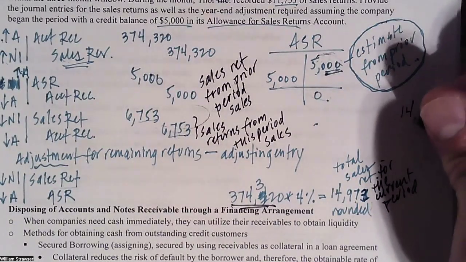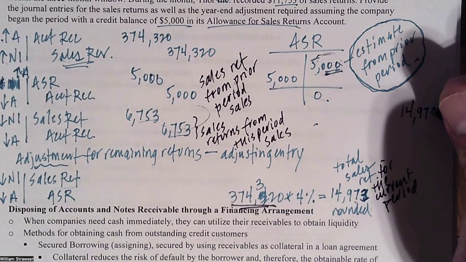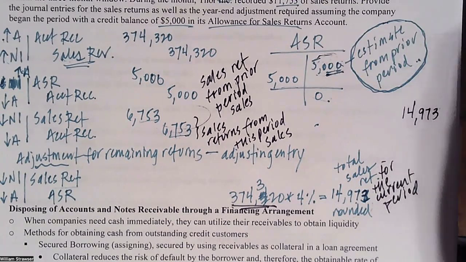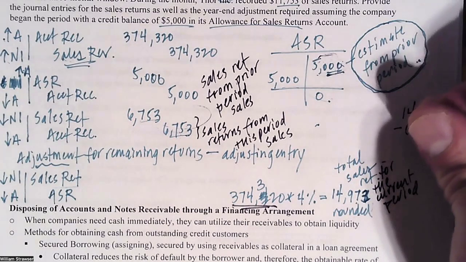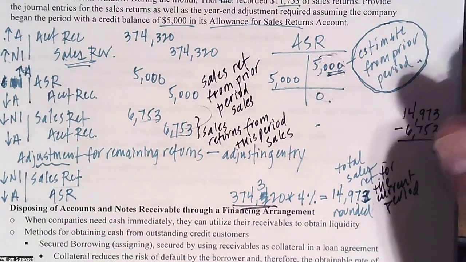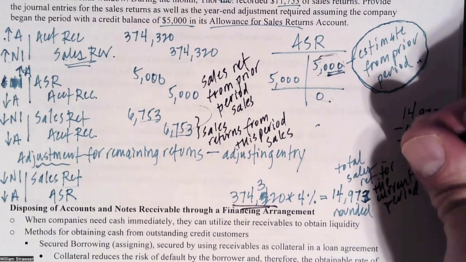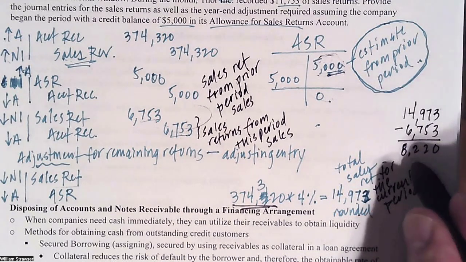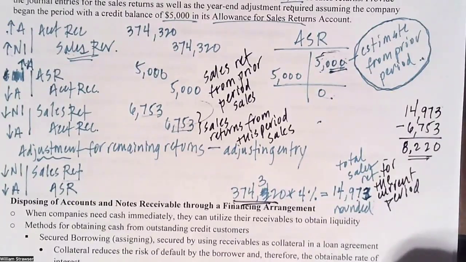So when I take that total amount of sales returns I'm anticipating from my sales revenue, and subtract off the amount that's been returned, I get the amount that I need to recognize in order for me to log the adjusting entry that would be required.